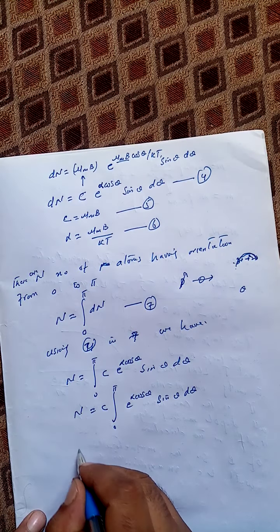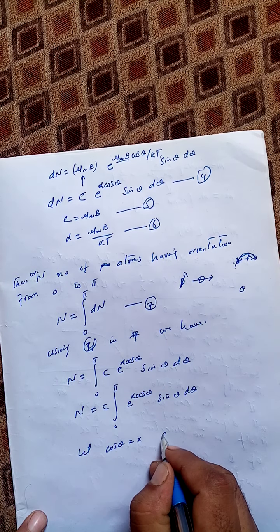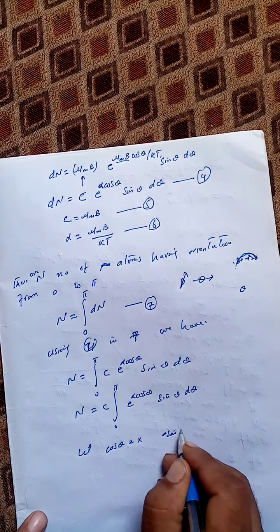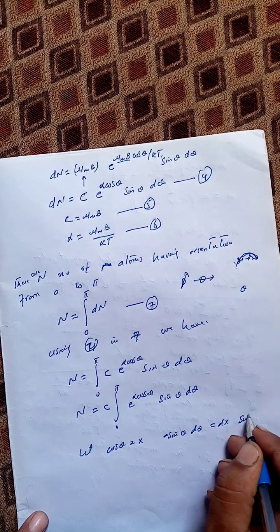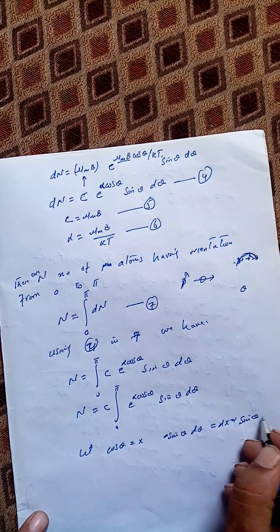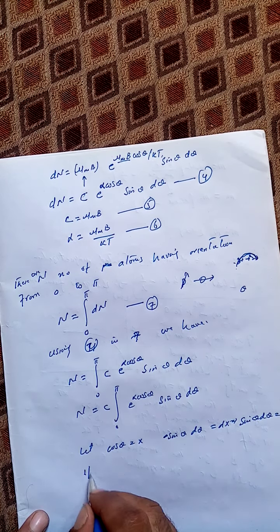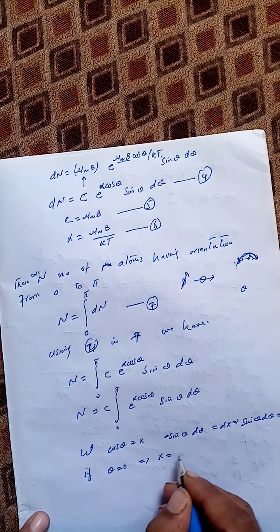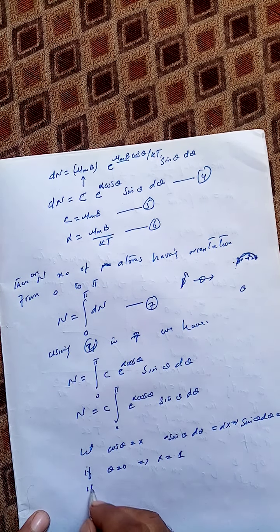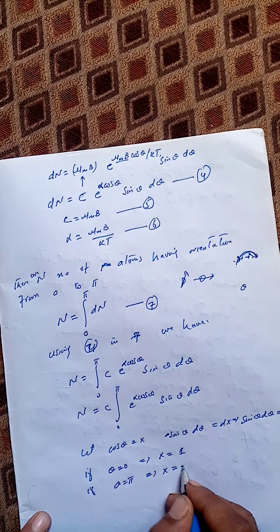Let cos theta equal x, then minus sine theta d theta equals dx, or sine theta d theta equals minus dx. And the limit changes. If theta equals 0, then x equals 1. If theta equals pi, then x equals minus 1.